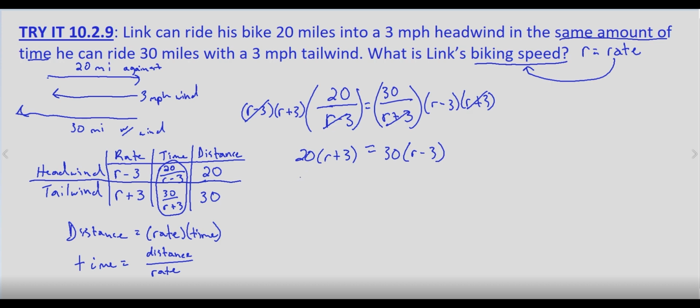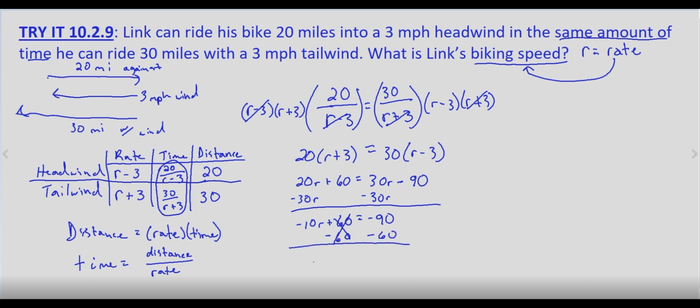We'll go ahead and distribute on both sides. 20R plus 60 equals 30R minus 90. Subtract 30R from both sides. We get negative 10R plus 60 equals negative 90. Subtract 60 from both sides.